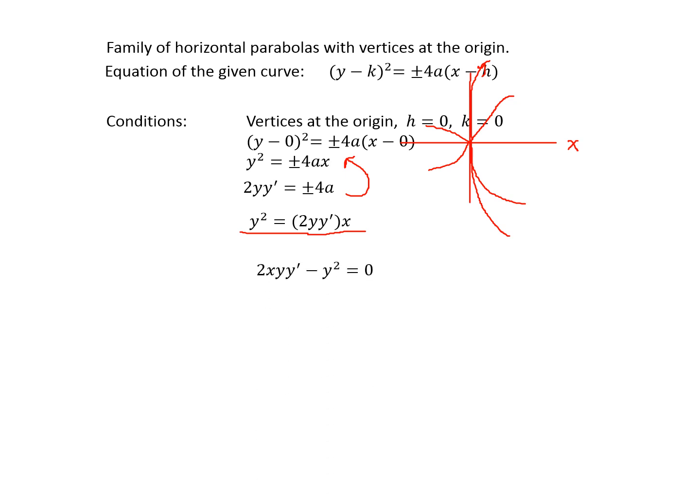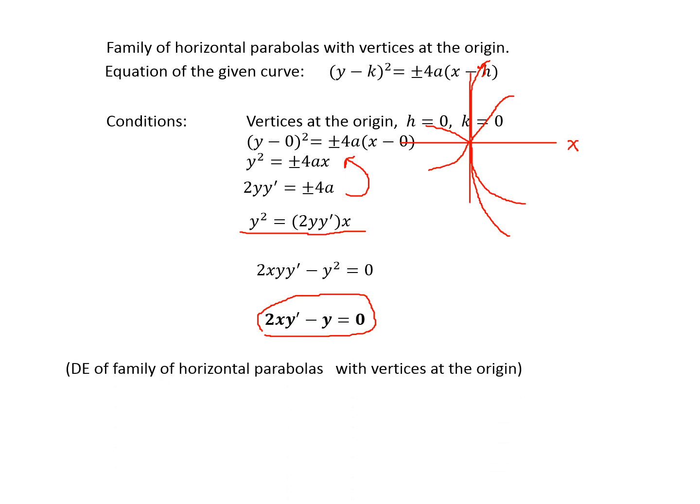You have 2x y prime minus y is 0. This is now the differential equation of the family of horizontal parabolas with vertices at the origin.